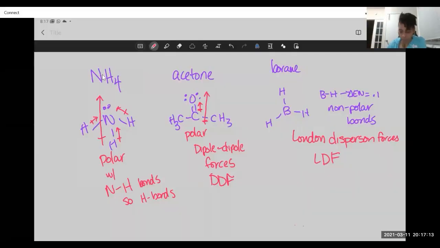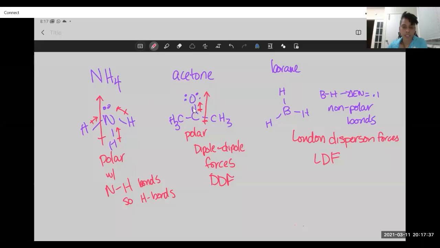Here we have NH4. We have the structure of NH4. It's a polar molecule, but because it has nitrogen-hydrogen bonds, it's going to have hydrogen bonding as its major type of force. Acetone is going to be a polar molecule.